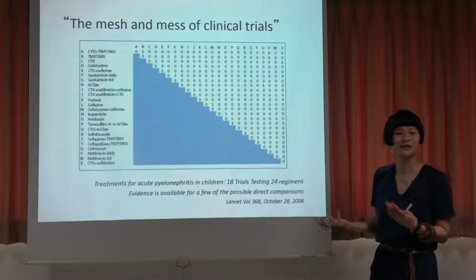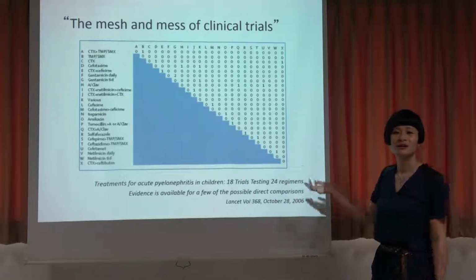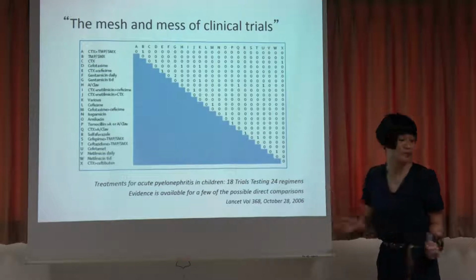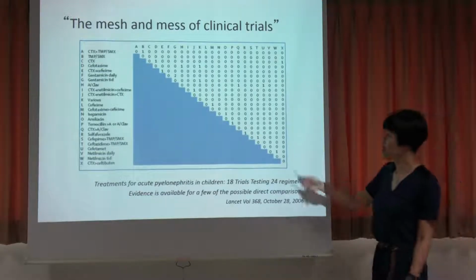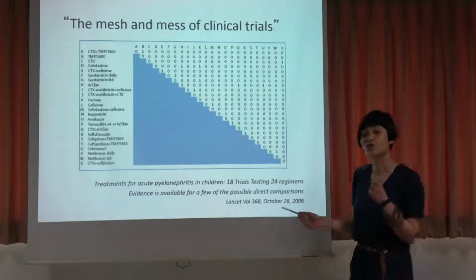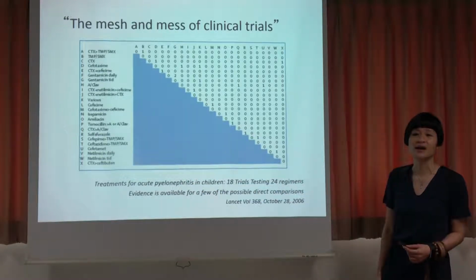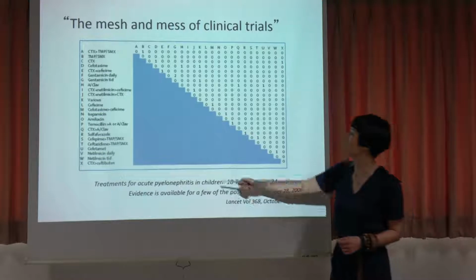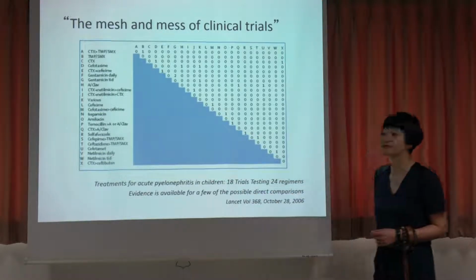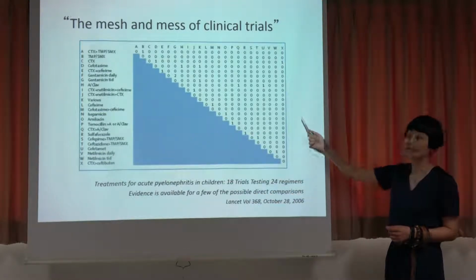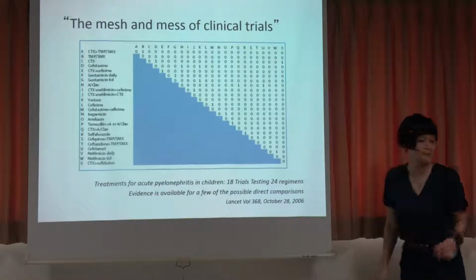So this is a reality when you're looking at evidence. Yeah, so this is very common. So if you have to make a decision, if you have to talk about relative treatment effects across all of these interventions, which one is the best? Which one's the most effective? Which one has the greatest efficacy? It's really difficult to tell based on this evidence.